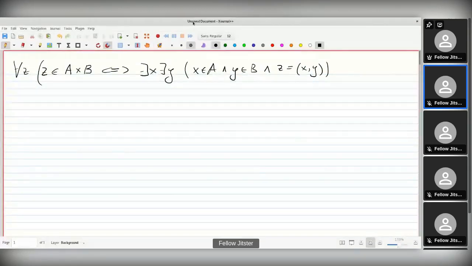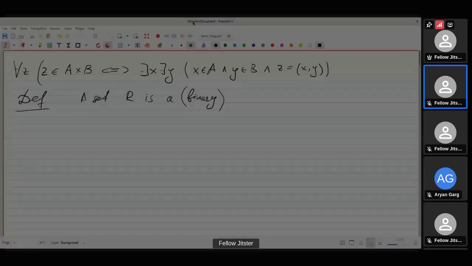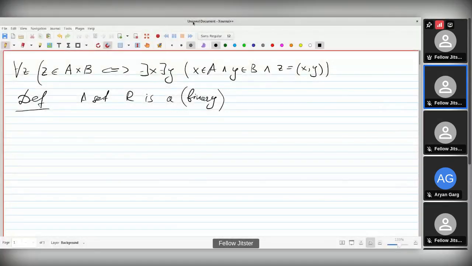Okay, and now we shall define binary relations as subsets, as arbitrary subsets of these Cartesian products. By definition, we say that a set R is a binary relation. This word binary we will usually omit.